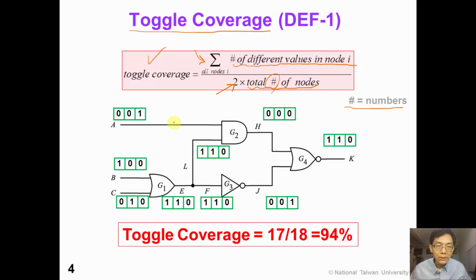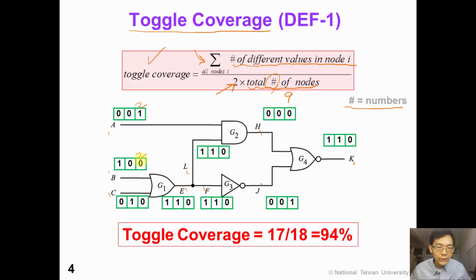For example, given this circuit, we have A, B, C, L, E, F, H, J, K. Totally, there are 9 nodes in this circuit. And for node A, we have 2 values.